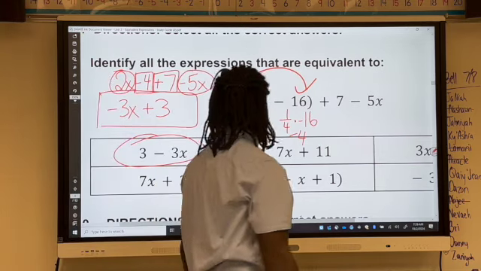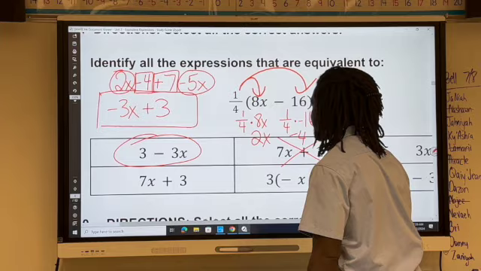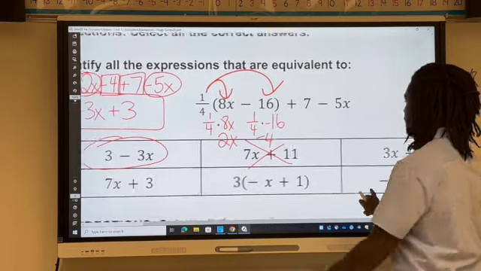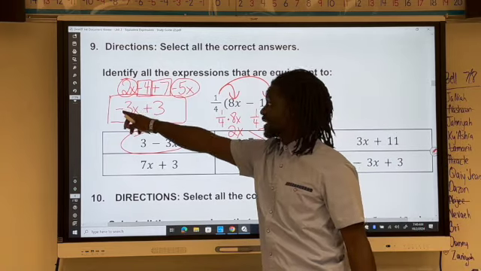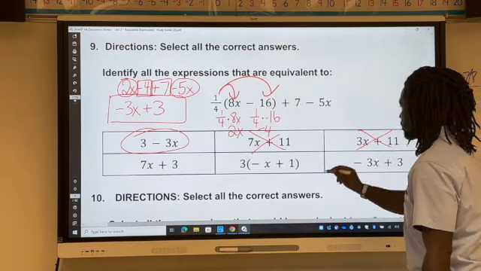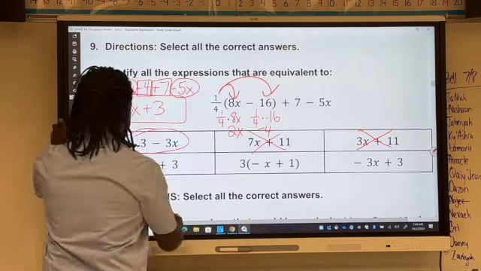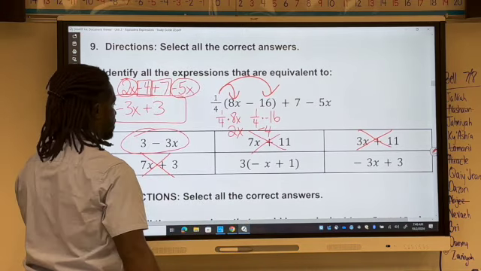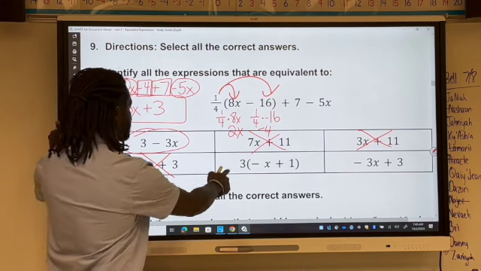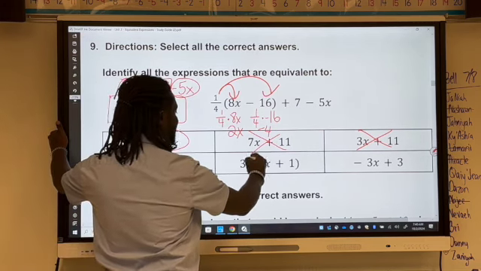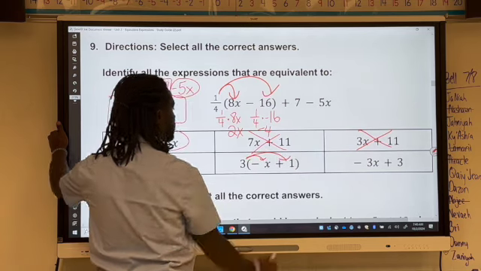What about 7x plus 11? That is not. What about 3x plus 11? Well, again, it needs to be a negative 3x, so that's wrong. 7x plus 3, nope. Now, let's look at this one. This one is 3, but this time I got to distribute that 3 to know exactly what that is.